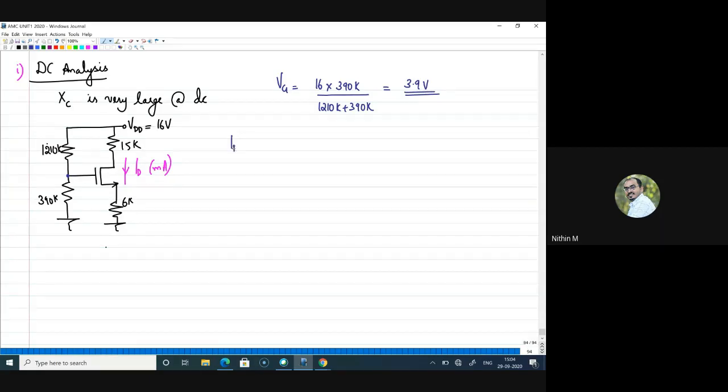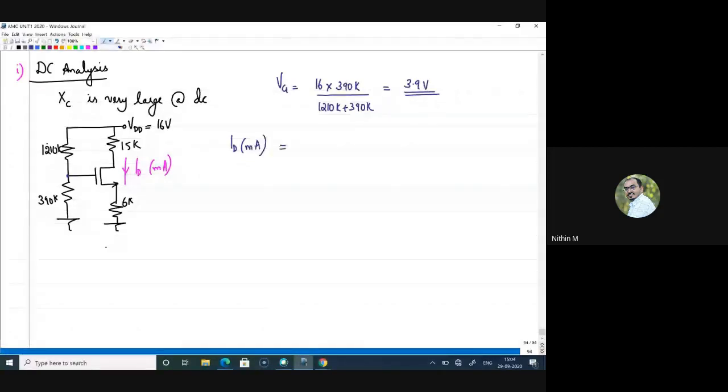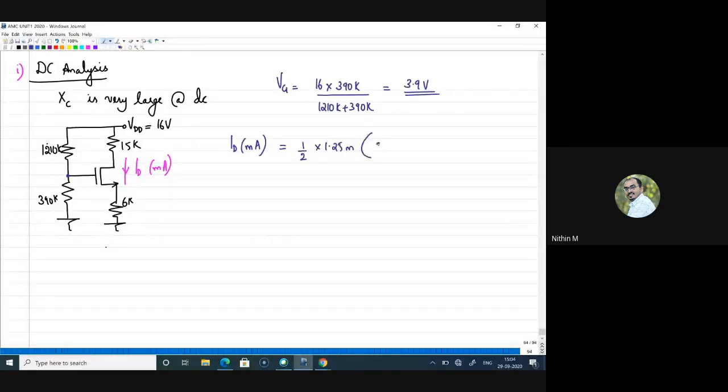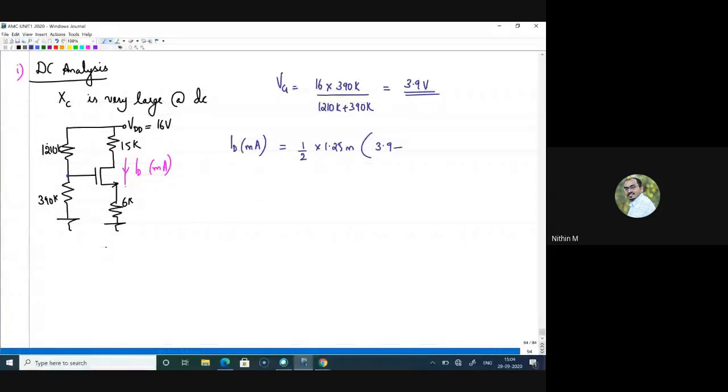Then you can write the drain current in milliamps, assuming that the device is in saturation, later proving that the assumption is true. Half mu Cox W by L is given as 1.25 milliamps into VGS. VG is 3.9 minus VS. What will be VS? VS is this node voltage.